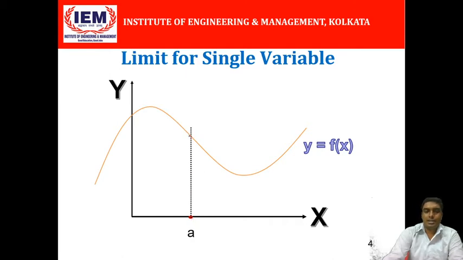If I approach this point from the left-hand side, that is exactly equal to the limit if I approach from the right-hand side. If the two limits, left-hand side and right-hand side, are equal, then I can say that the limit at the point a of the function y equal to f(x) exists.